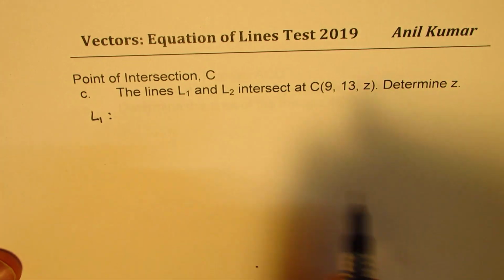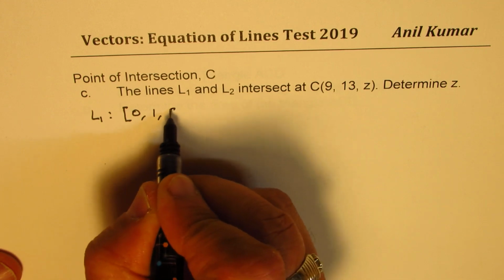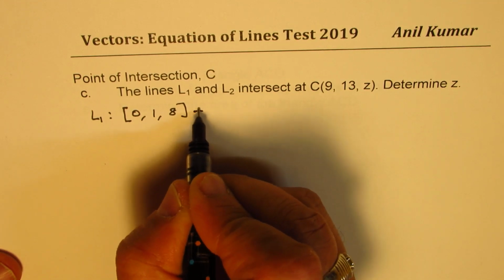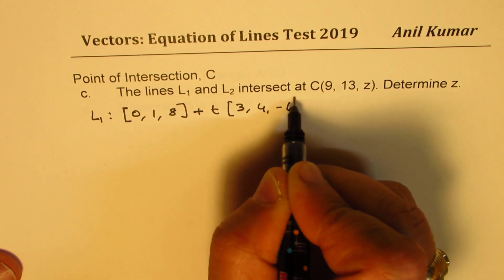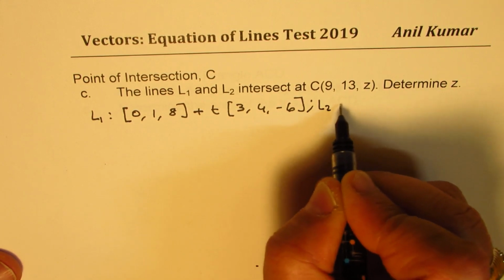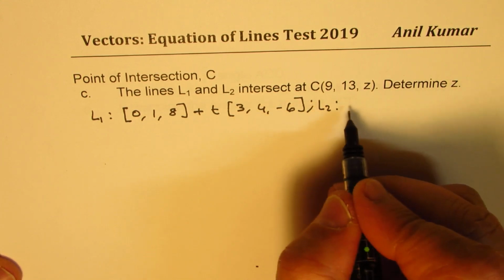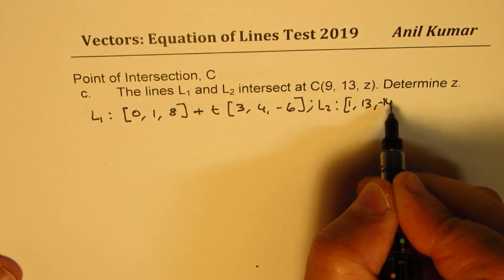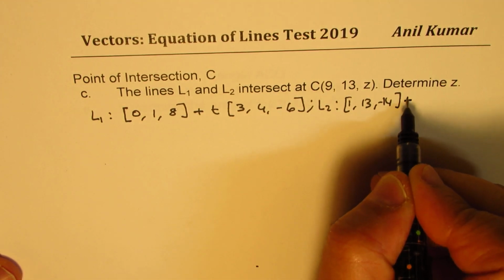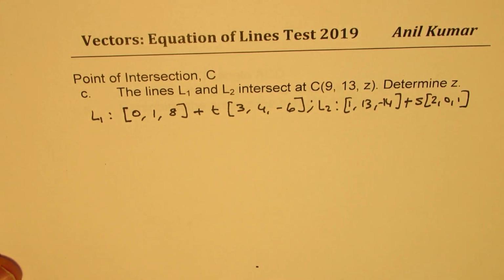For L1, we had 2 points, and we got the equation as 0, 1, 8 plus t times 3, 4, minus 6, right? And for L2, the equation was 1, 13, minus 14, plus s times 2, 0, 1.